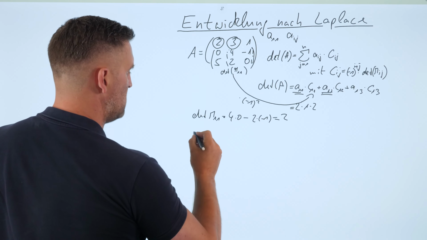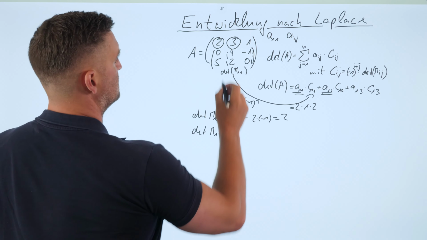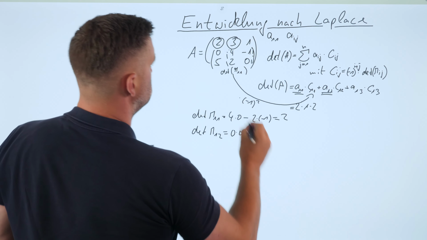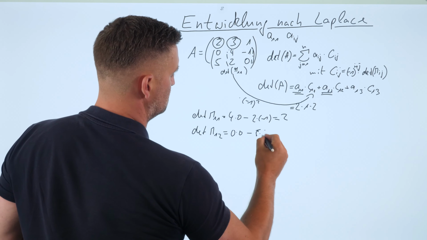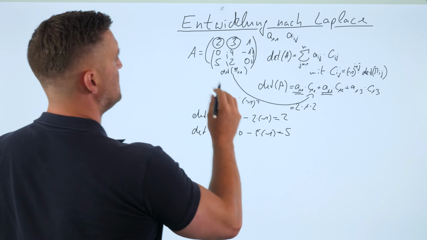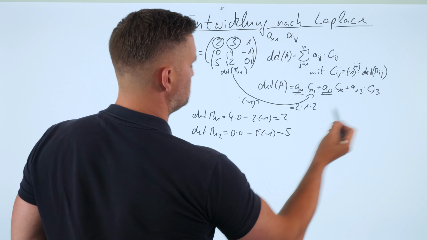So now we need the determinant of M1,2. That is 0 times 0 minus 5 times minus 1, which is 5. Then, of course, the multiplication with minus 1 to the power of i plus j.